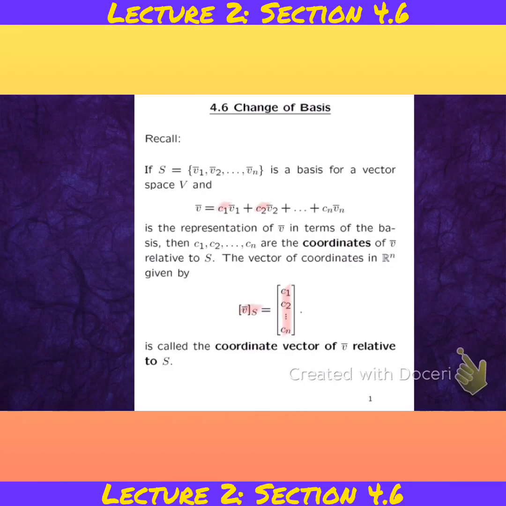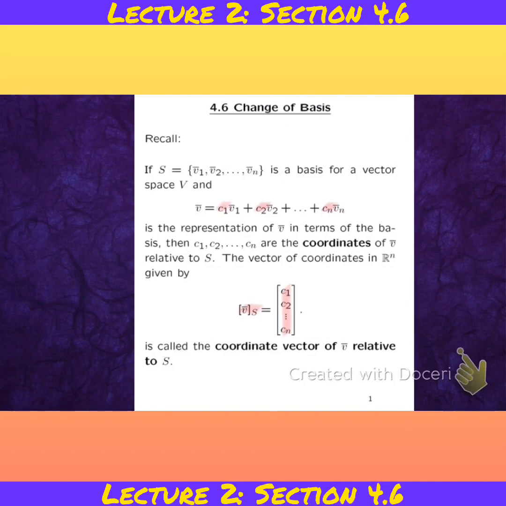For each representation of v, we only get a unique set of those coefficients, because a basis only uniquely represents each vector as a linear combination. So you can only find one such coordinate vector.